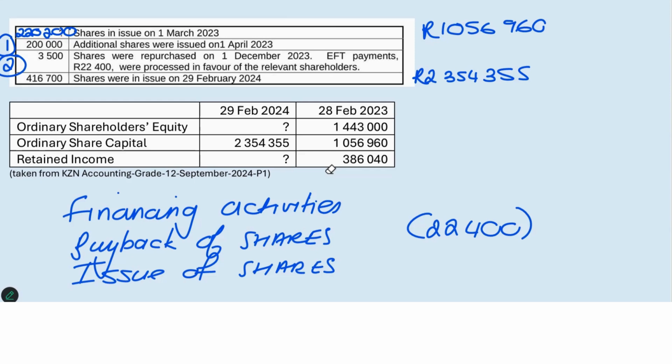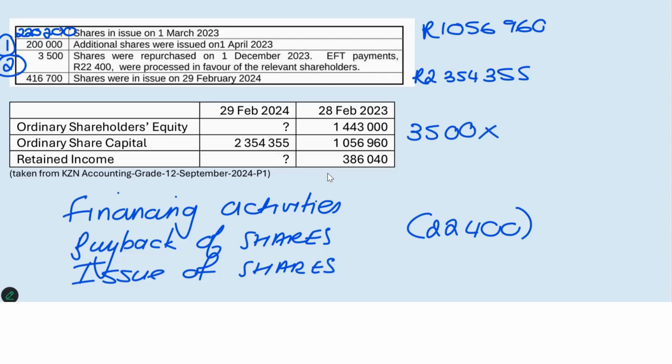So how can we work out what money was received through the additional shares that were issued? How would we calculate that? You would first have to work out the amount of money for the shares repurchased, using the average price. What was that? Can you remember? The number of shares was 3,500.